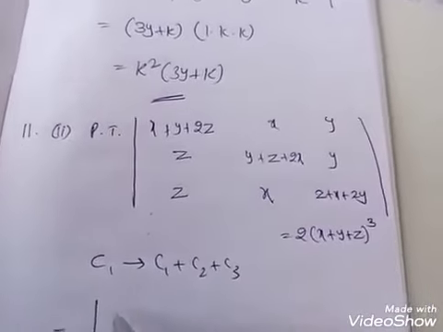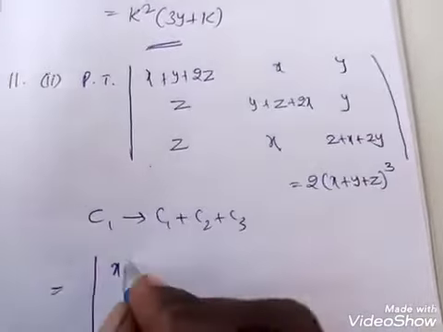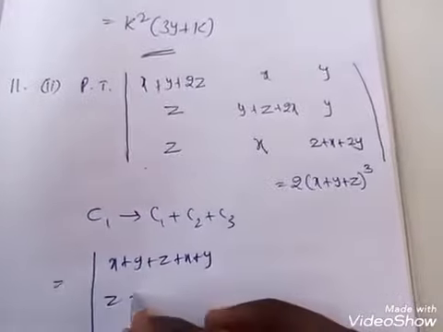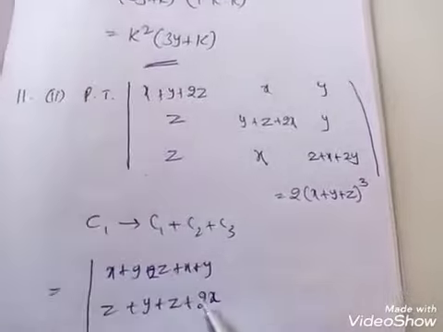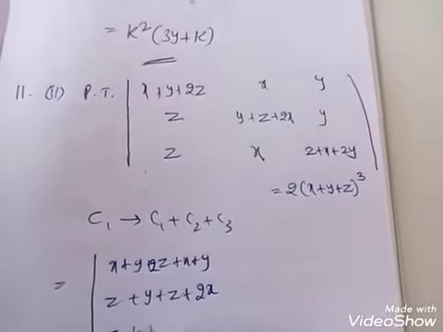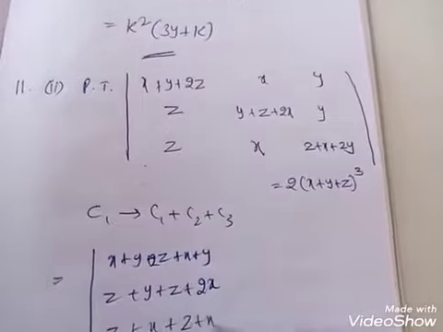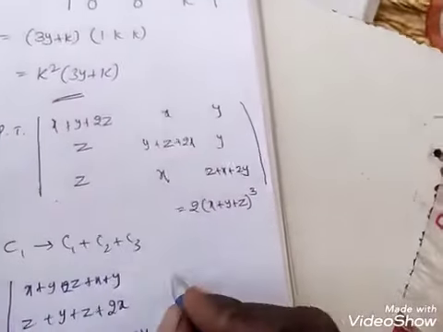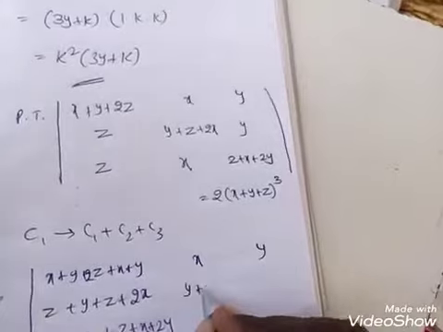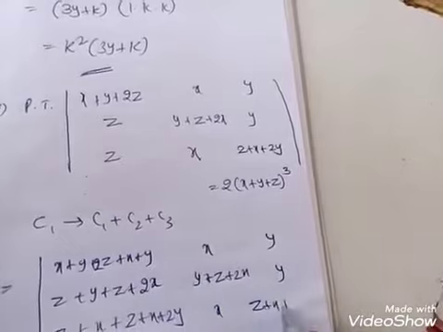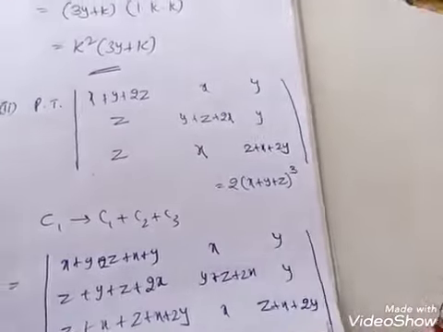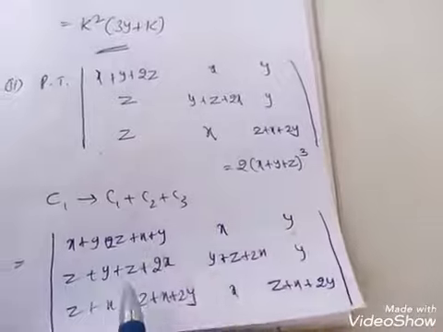The determinant of x plus y plus z plus x plus y, z plus y plus z plus 2x, and z plus x plus z plus x plus 2y, and the remaining as it is: x, y plus z plus 2x, y, x, z plus x plus 2y. Now in the first column observe there, x plus x is 2x, y plus y is 2y. Similarly you can write that as 2x plus 2y plus 2z.